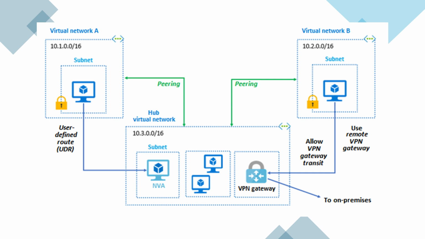In this architecture, we have configured peering between all three networks, which is essential for this kind of connectivity. The hub allows gateway transit, and the spokes either route traffic explicitly, like VNet A using UDR, or use the remote gateway setting, like VNet B. With this model, we have created a clean, scalable, and secure network design where the VPN gateway only lives in the hub, and everyone else just plugs in and benefits from that shared connectivity.